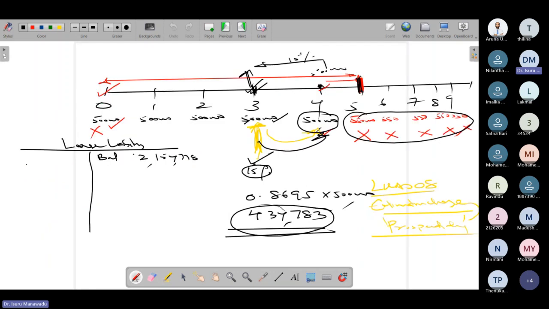Now, what would be the adjustment on this? As per new change, your liability should be 434,783 on this particular date. But as per the accounts, you can see 2,154,778. So what you should do on this?